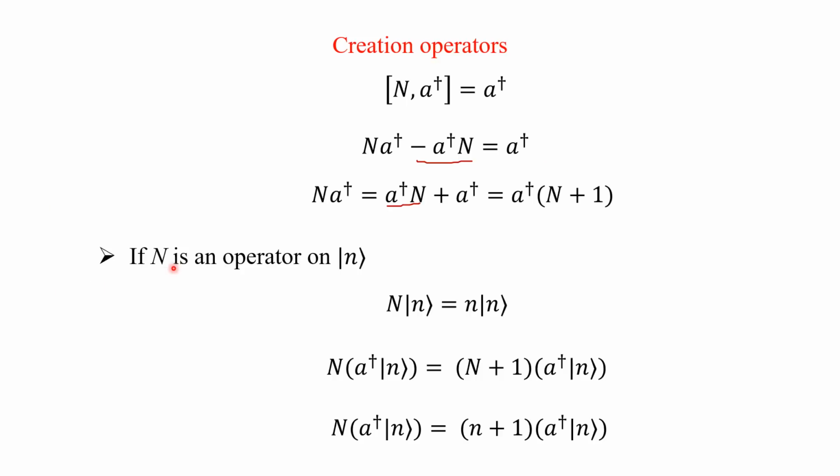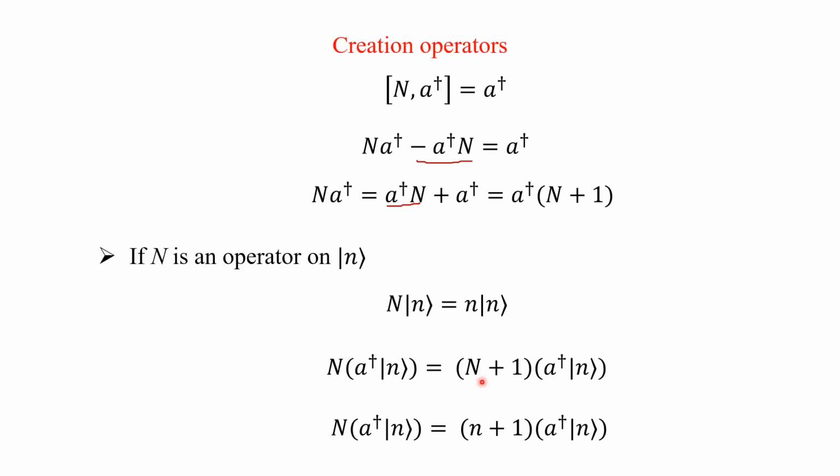Suppose if n is an operator on ket n, then capital N acting on ket n is equal to small n ket n. So now you bring this, use this relation, that is N a dagger is equal to a dagger N plus 1.